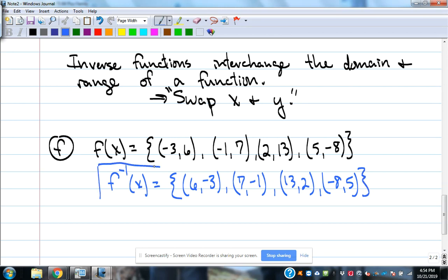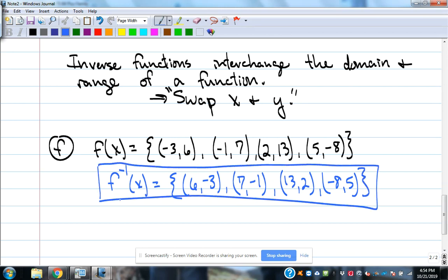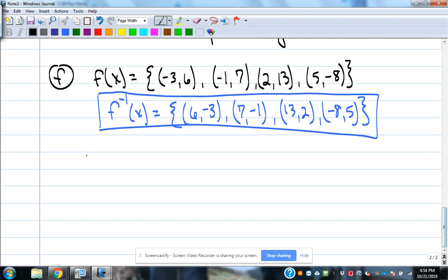The inverse swaps the domain and the range around. Really simple when it's just a set of ordered pairs. Maybe not quite as simple when it's an equation. We're going to get to that. So swap x and y. That's going to be important. Okay, so let's look at maybe the instructions were find the inverse.